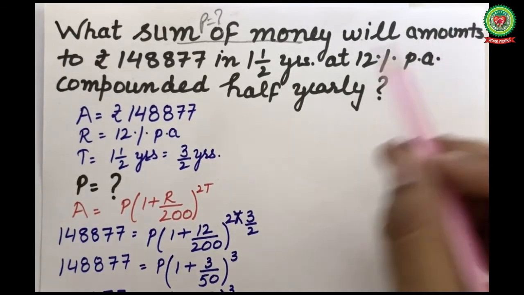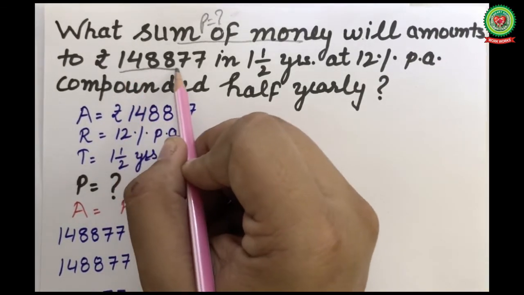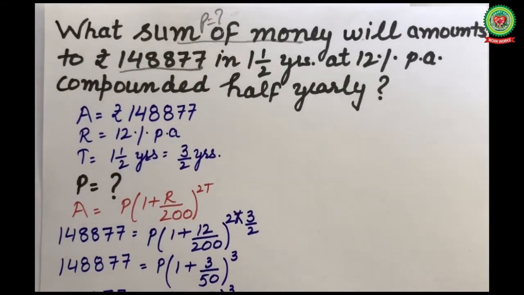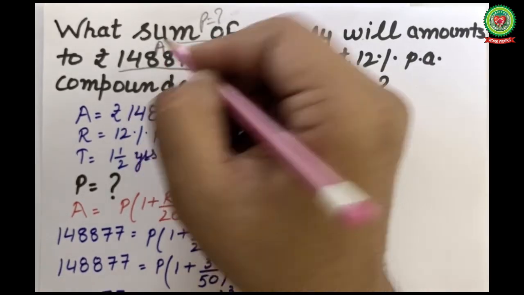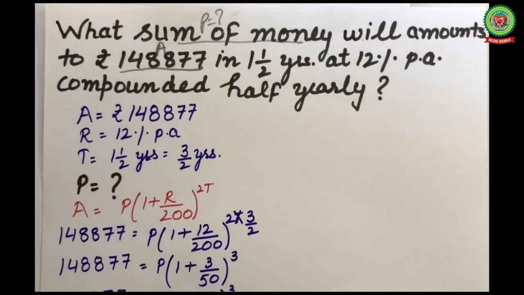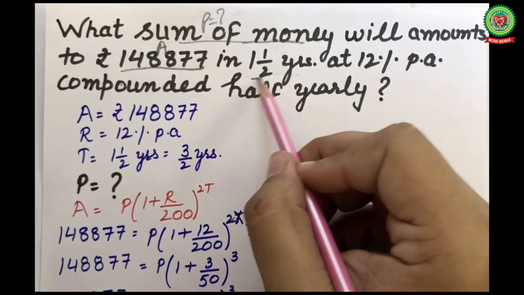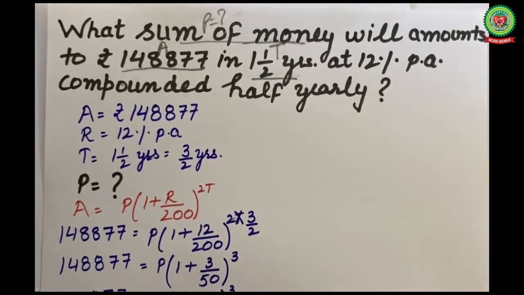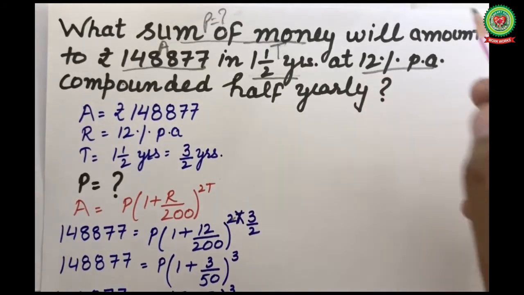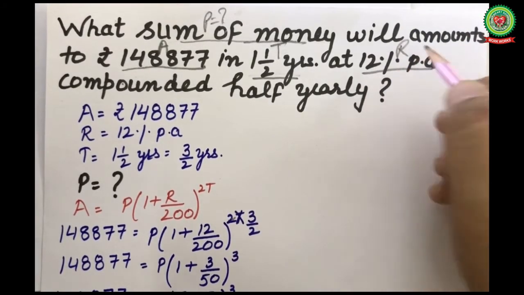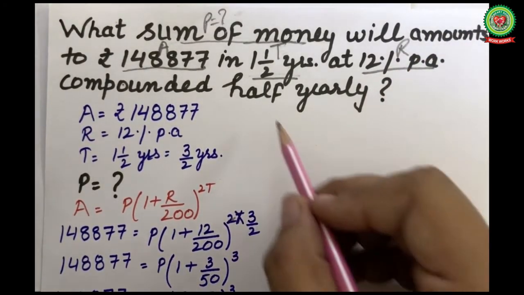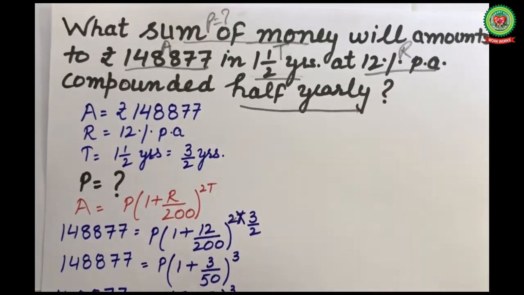Will amount to rupees 1,48,877. That is amount is 1,48,877 in 1.5 years. That is the time period, that is time is equal to 1.5 years at 12% per annum, that is the rate is equal to 12% per annum compounded half yearly.